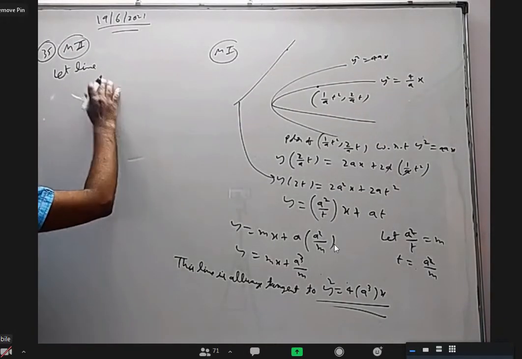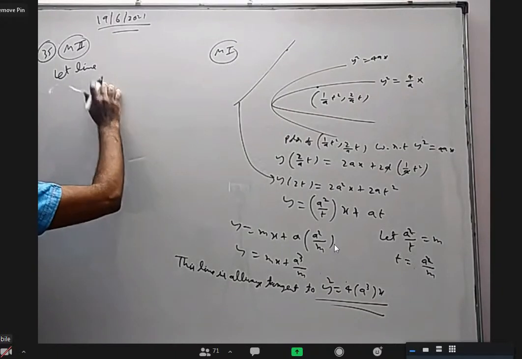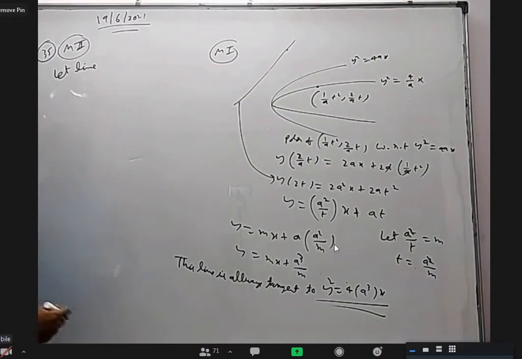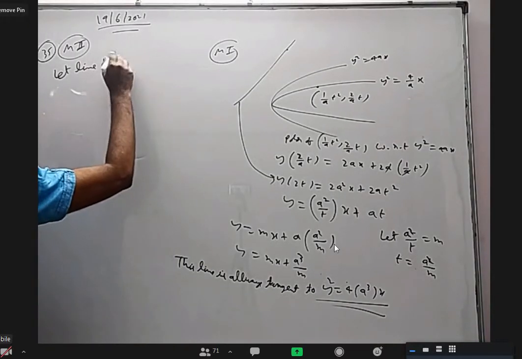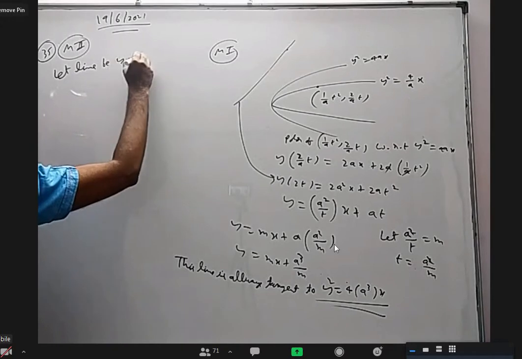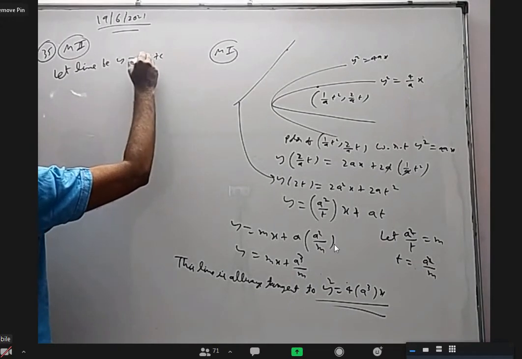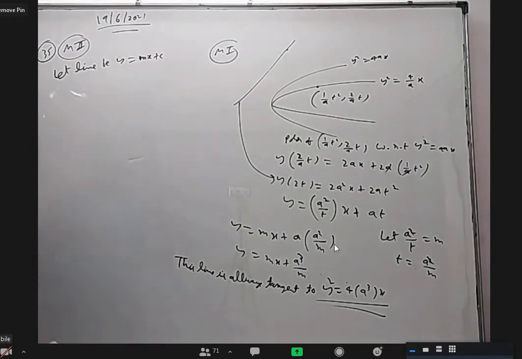Okay. Another method: let the line be y equal to mx plus c. What is the pole of a line with respect to a parabola? We have some formula.